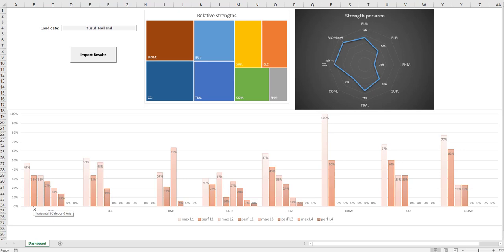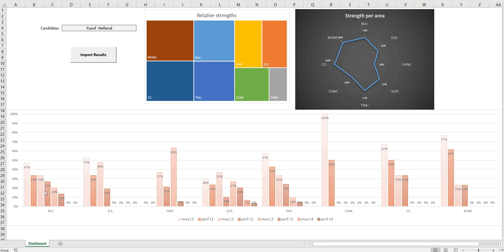So here we see that this person has answered only 33% at level 1 instead of 47, which would be the ideal, and 27% instead of 33. It's the same for the rest. The numbers themselves, the percentages themselves, don't really matter, but rather to see how close the ideal versus the realistic bars are.